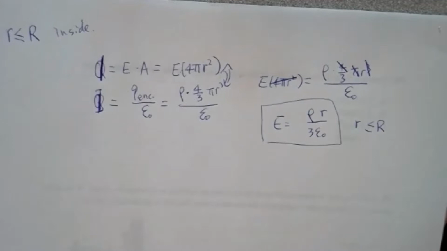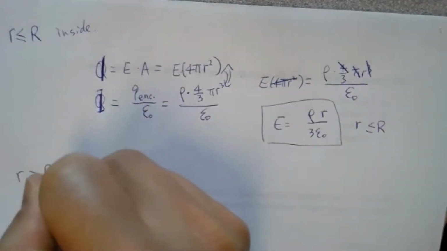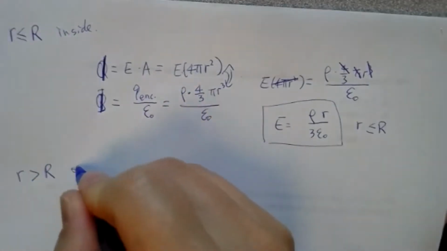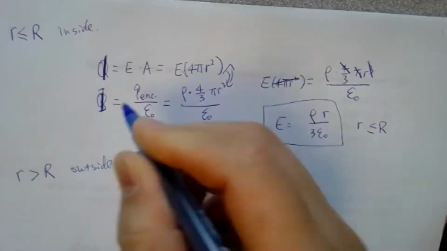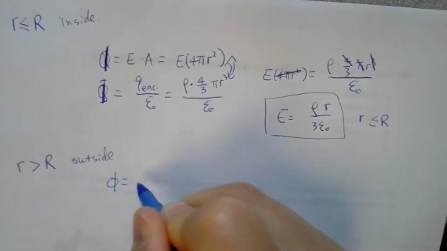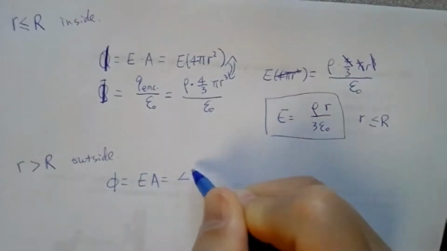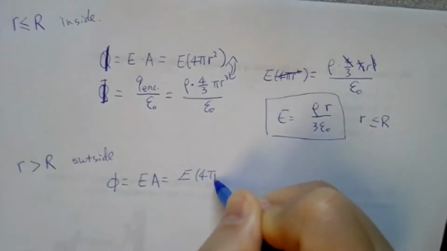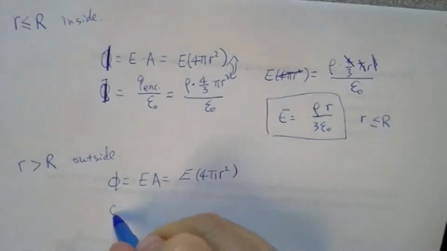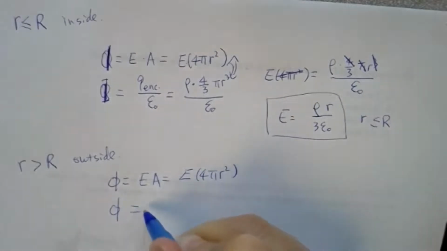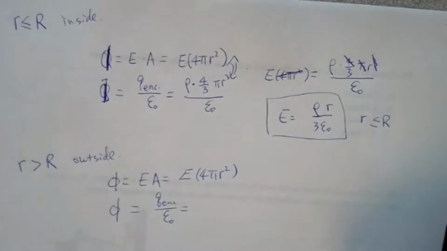Now, if you are outside the sphere, your small r is greater than the radius of the sphere. You can do the same. The flux can be calculated as E times A, which is E times 4 pi r squared. From Gauss's law, flux equals Q enclosed over epsilon naught.